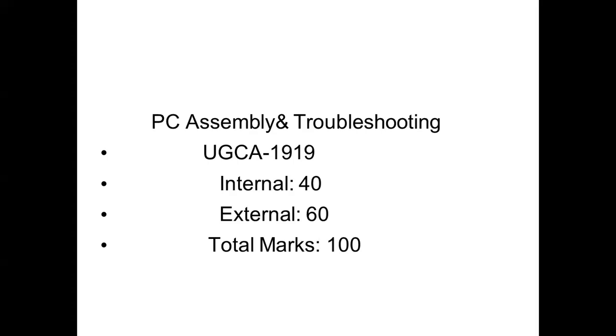Again, I'm repeating, the name of the subject is PC assembly and troubleshooting. Write it down very carefully. Its subject code is UGCA 1919. Internal is of 40 marks, external is of 60 marks, and the total weightage of the subject is 100 marks. Write it in your notebook.